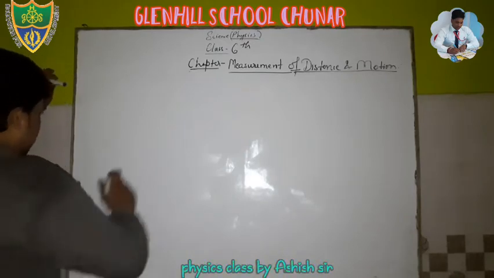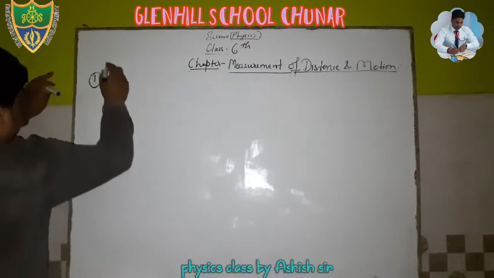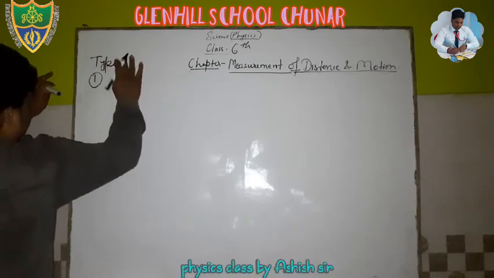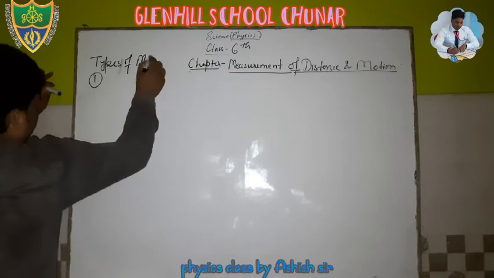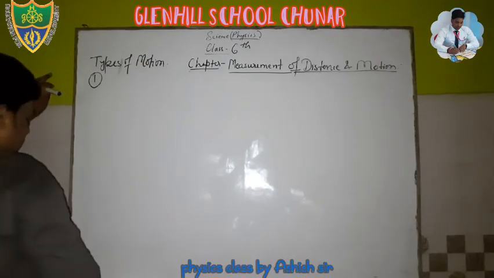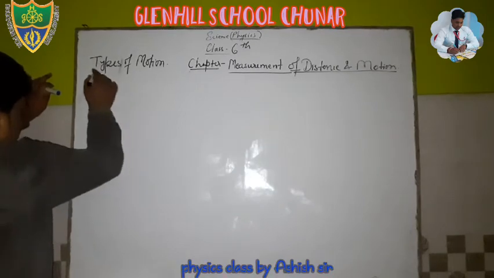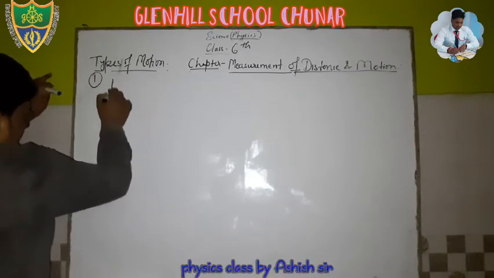So in science, you write types of motion. First one is translatory motion.